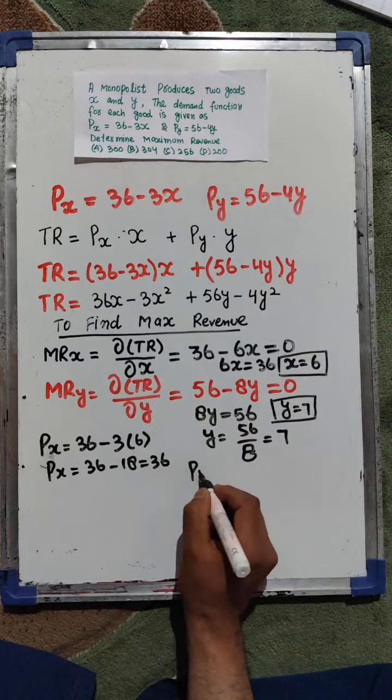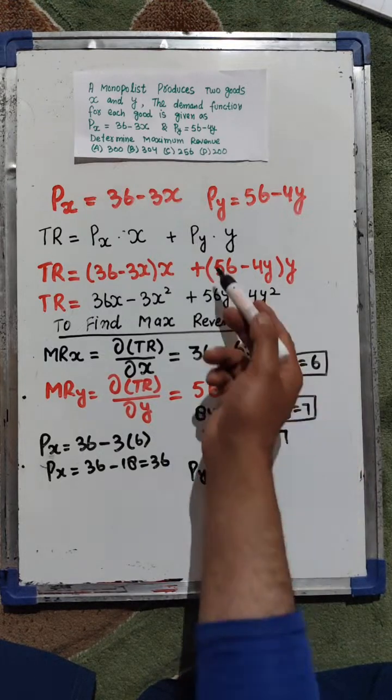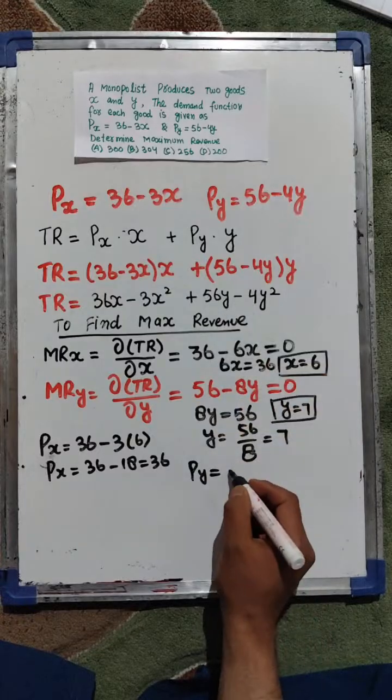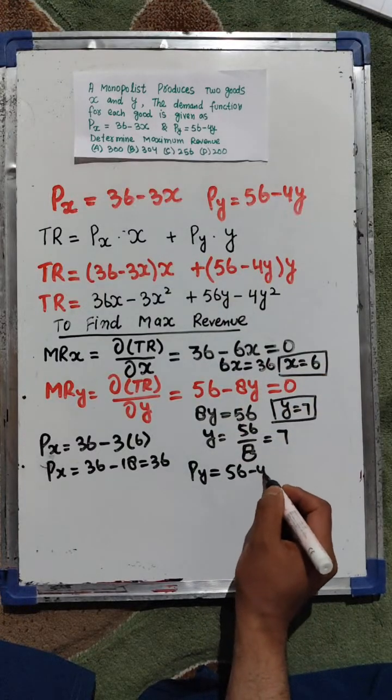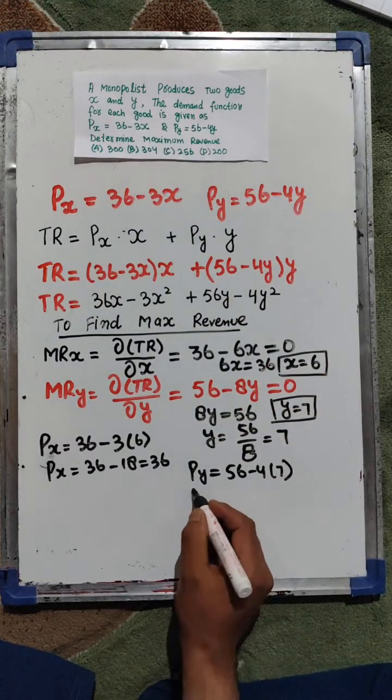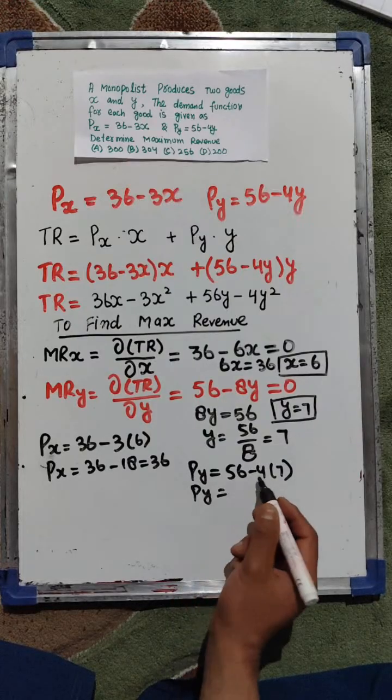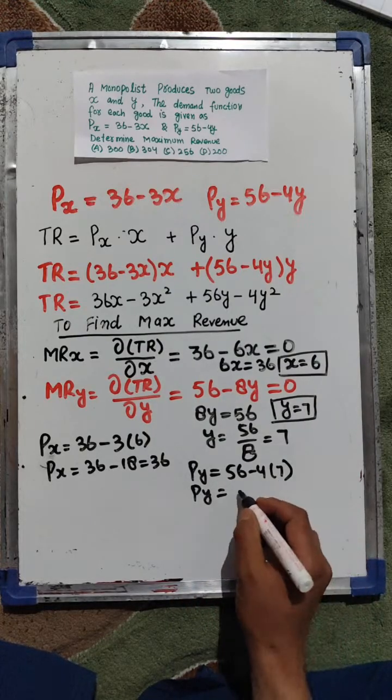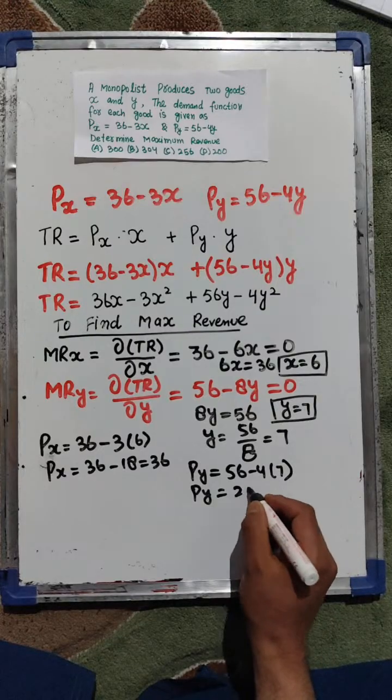Likewise, price of good y will be equal to plug y is equal to 7 into the demand function, so we have 56 minus 4 times 7, so py will be equal to 56 minus 28, which is 28.